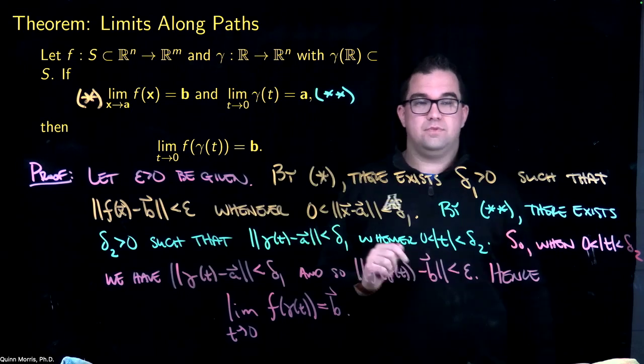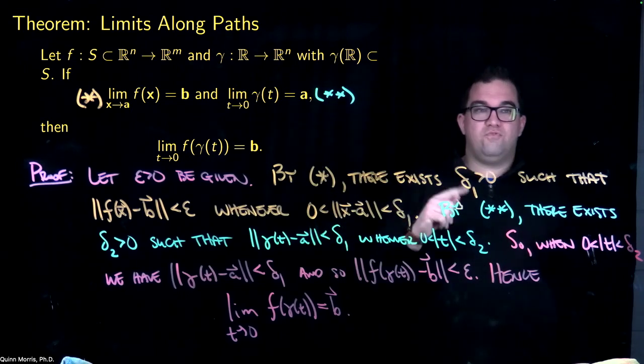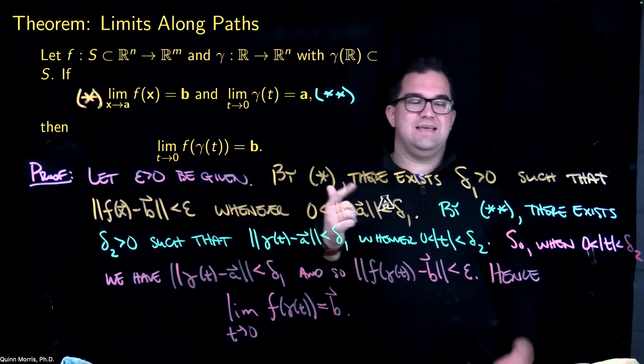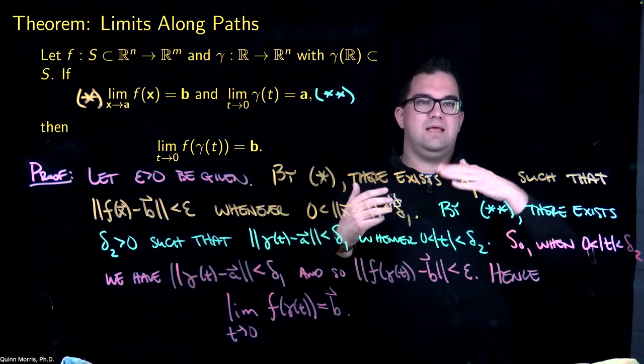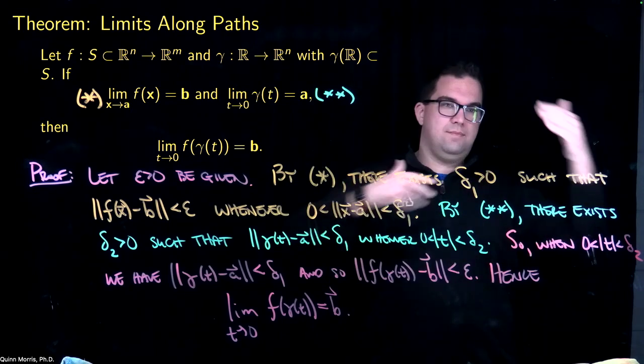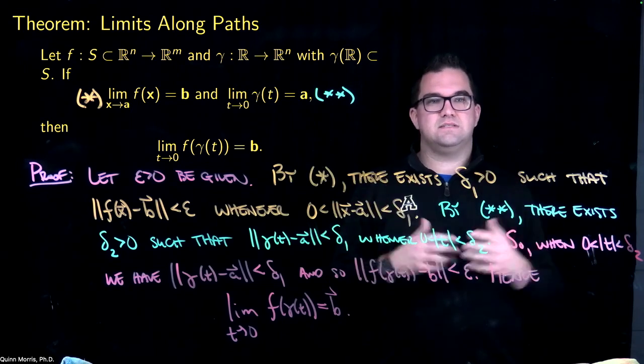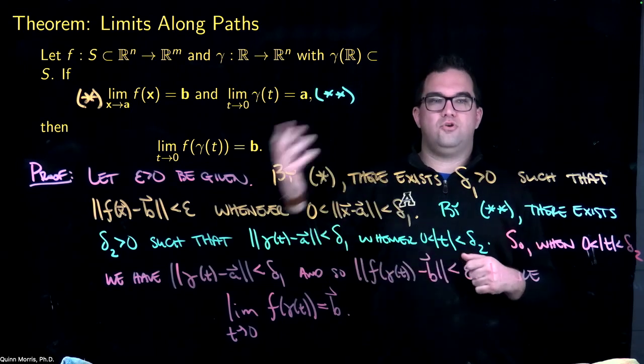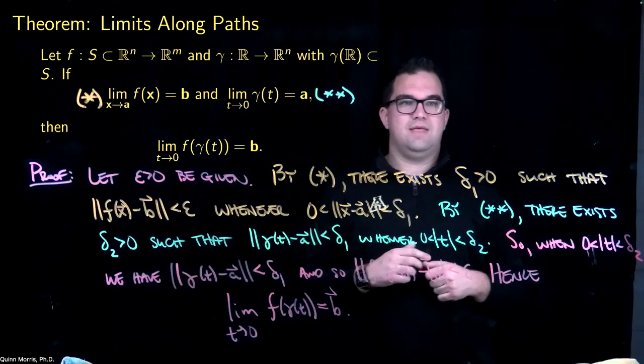That is true. What we unfortunately can't easily say is, oh, well, if you look at the limit along a path and it exists, or the limit along a few paths and they exist and are equal, then your full limit must be equal to that value.